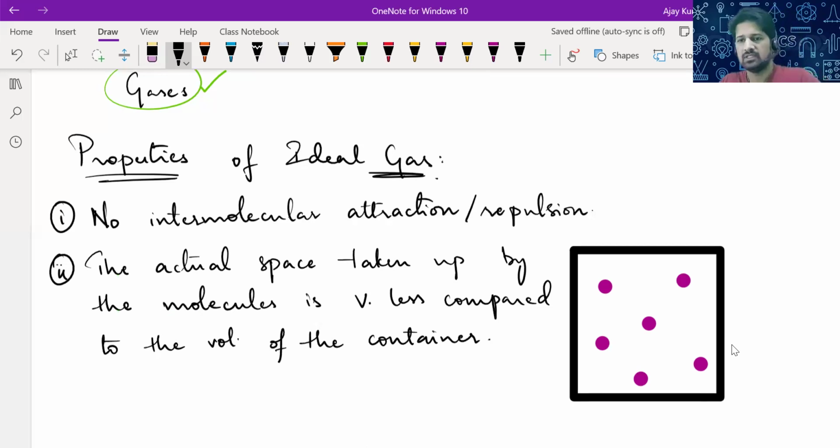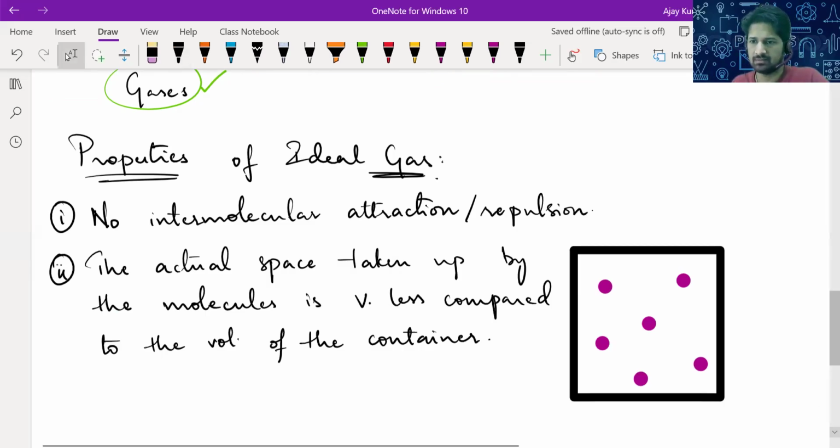Now see, if a container is filled with gas, we say that volume of gas is equal to volume of container. That doesn't mean the container is completely filled with gas molecules. The space up to which these molecules can move is the volume of the container. That is what we mean by volume of a gas. What volume are they free to move within? That doesn't mean the volume is completely filled with molecules. There has to be space, there will be space.